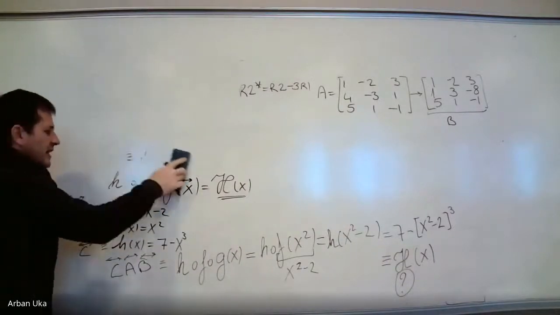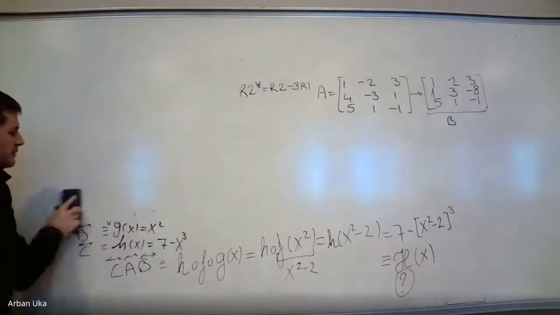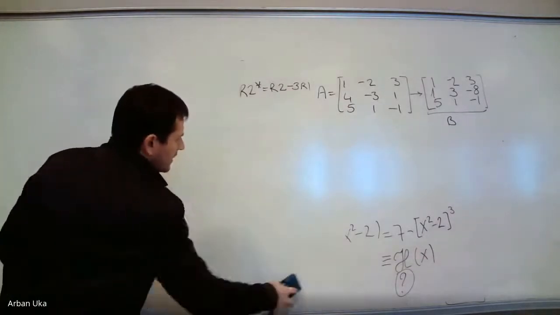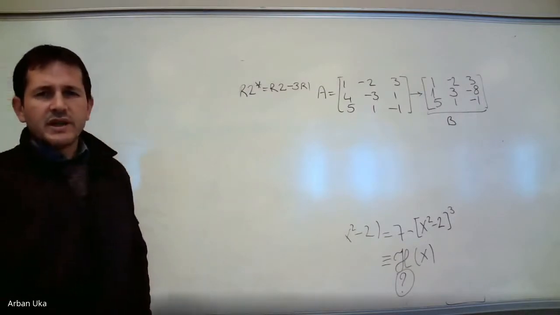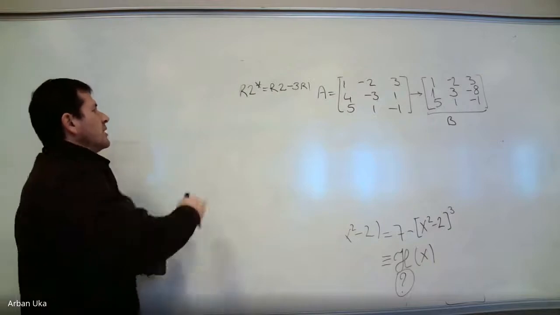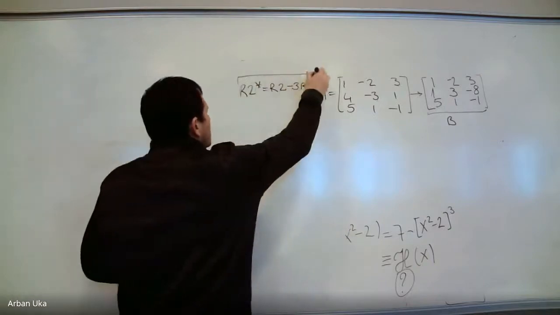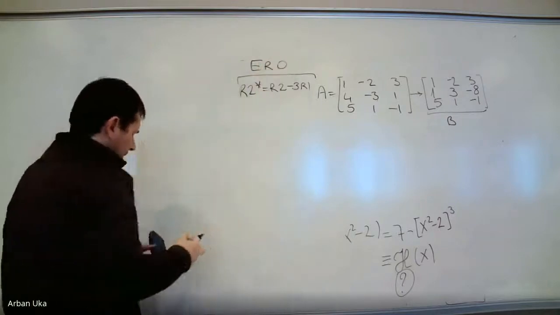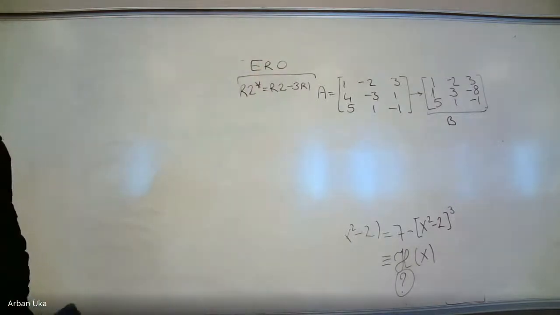Now let's check this statement. We are going to define an elementary matrix. An elementary matrix is a matrix which we obtain from an identity matrix using elementary row operations. So this is an elementary row operation. Then, what is an elementary matrix?